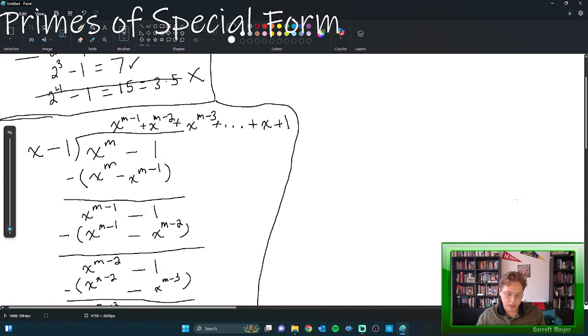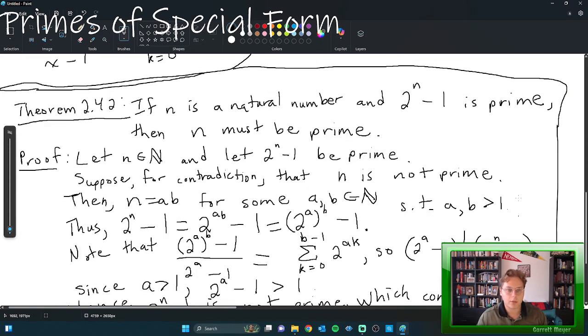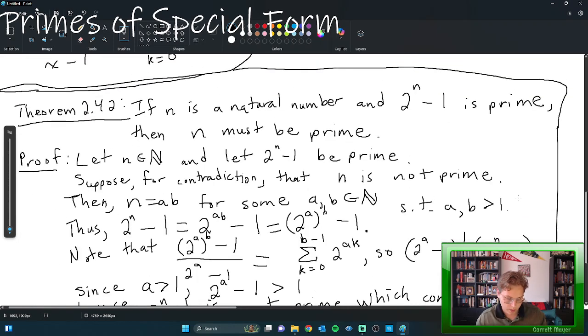Well, what it means is that if you know that a number is a Mersenne prime, then the power of 2 that it's being taken to, in order to produce the Mersenne prime, must also be prime. As a result, when you're searching for Mersenne primes, you only need to test prime powers of 2, because each Mersenne prime necessarily involves a prime power of 2.